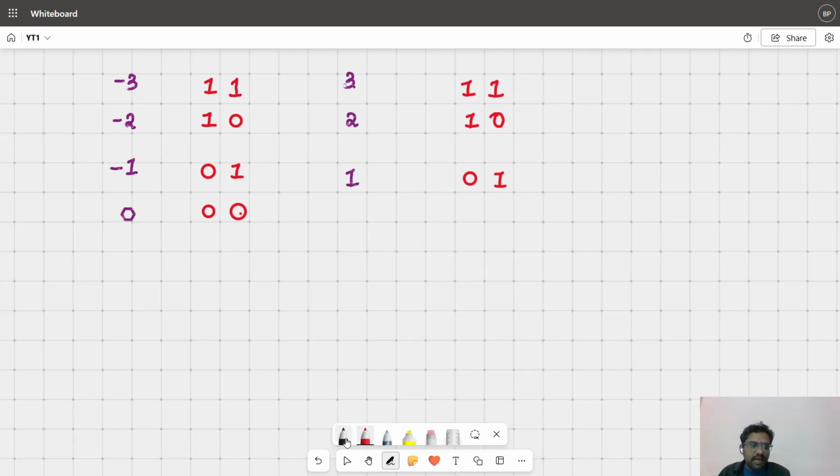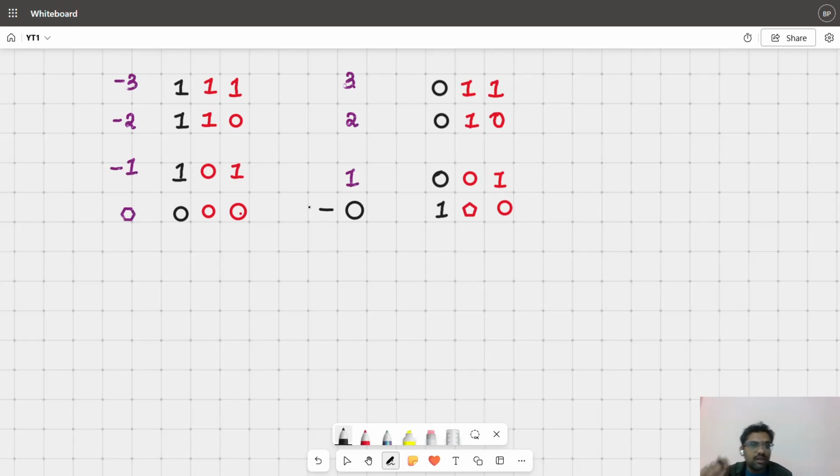Now let us add the sign bits. For -3, it is negative, so the sign bit is 1. Negative, sign bit is 1. Negative, sign bit is 1. For positive numbers, the sign bit is 0. Now there is a problem. If I take 0 0 and consider the sign to be 1, obviously it becomes -0.